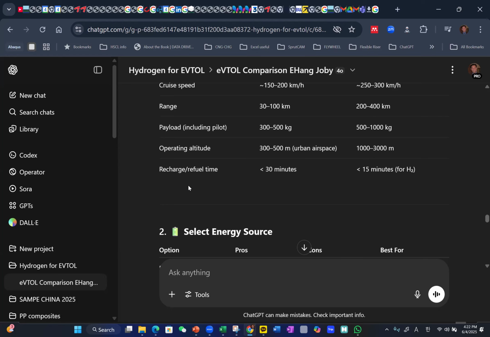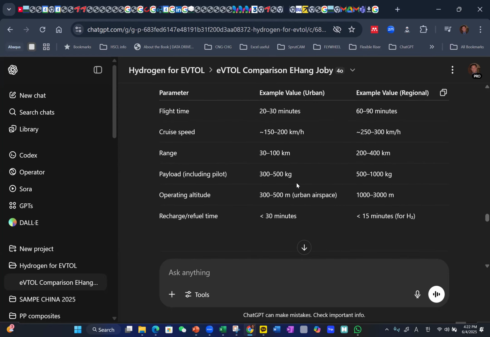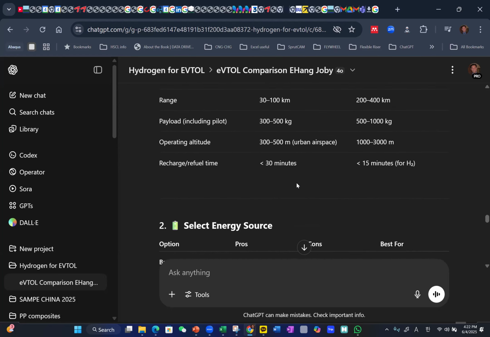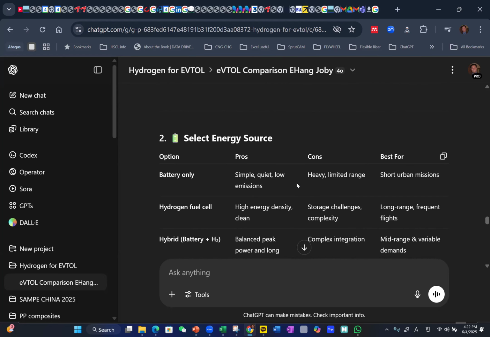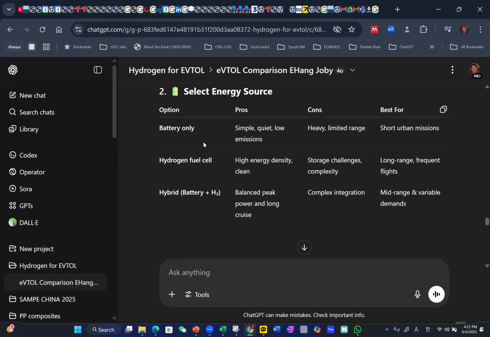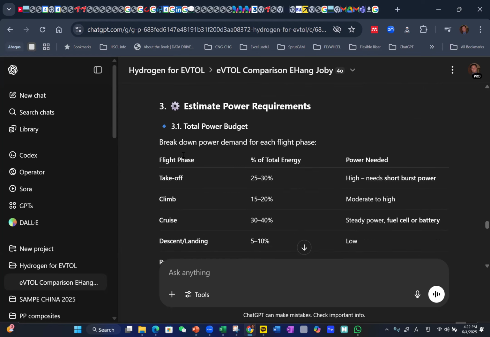Recharging and fueling time. We would like to have a very fast charging time, or a longer charging time is okay. We need to define that. Now you can select battery or hydrogen and so on, and estimate the power requirement.